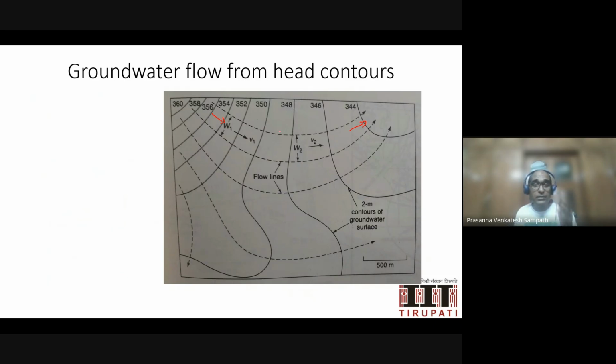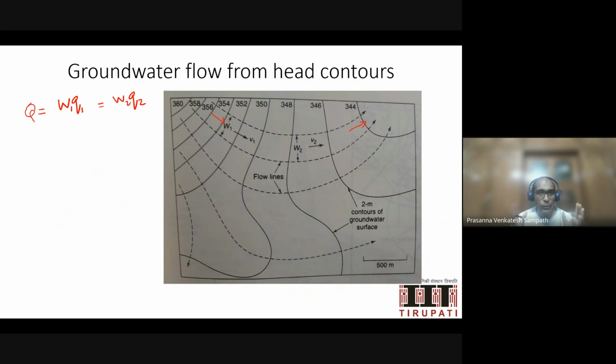For instance, between 354 and 352 there is a very short distance, but between 348 and 346 there is a greater distance. What could explain that? That is the question. We'll try to answer that. Assuming that there's no additional flow coming into this particular system, can we say this?